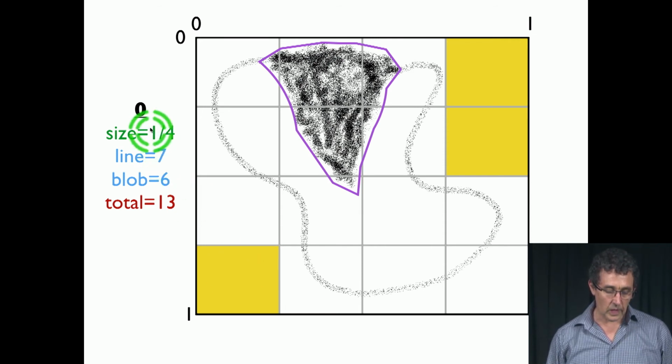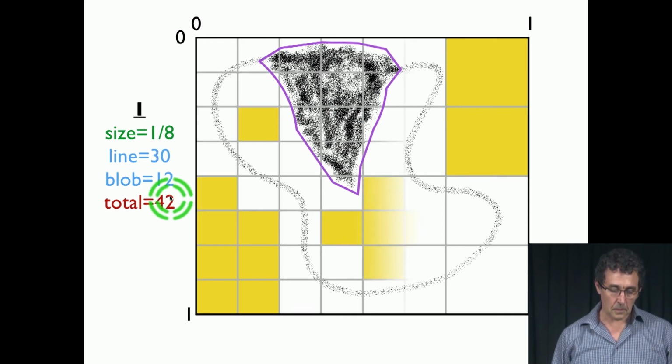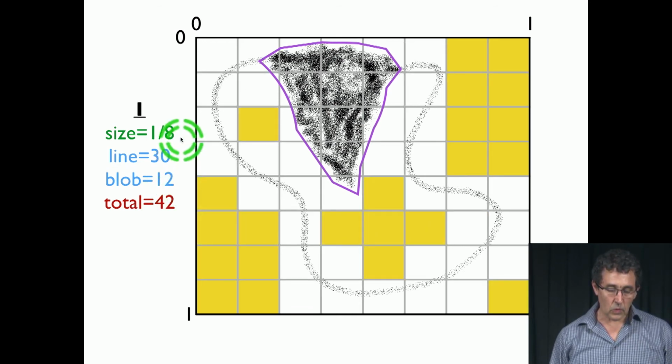Okay, so here, when the size is 1/4, there are 7 squares that touch the line, 6 that touch the blob, and the total is 13. When we go to the next slide, we see that the line now touches 30 and the blob touches 12, for a total of 42. So the line touches significantly more than the blob.